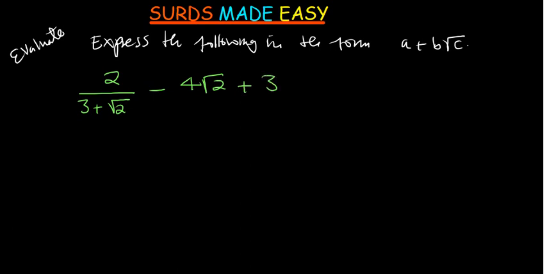So this is the question. We want to express it in this form. Now the question is how? Does anyone have any idea of how we can express it in that form?